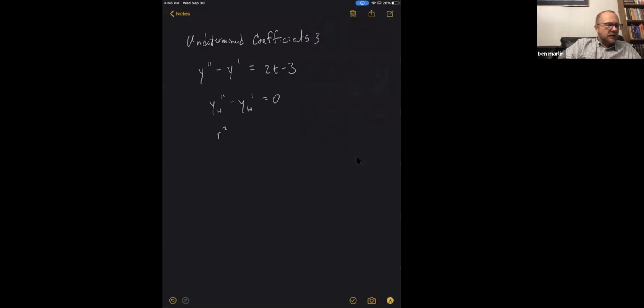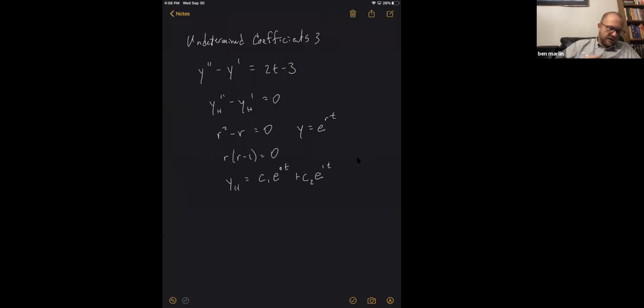And for that, you'd have r squared minus r equals 0, because you're guessing that you're getting y equals e to the rt. So that factors into r and r minus 1. So that means that you're getting your general solution here to be c1 times e to the 0t and plus c2 e to the 1t.